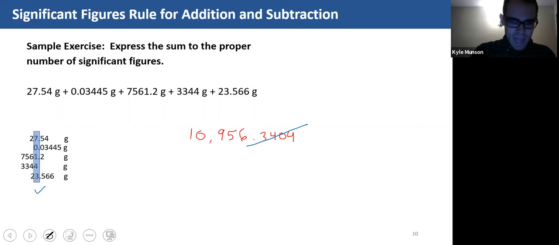So the answer expressed with the correct number of significant figures is 10,956 grams. That's an example of what you're going to be doing and how you're going to be expressing numbers using the correct number of significant figures for addition and subtraction. In the next video, we're going to do multiplication and division.